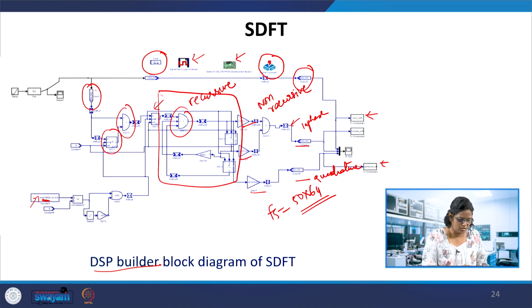This count is used to reduce the clock by division. So we get the samples over here, which at this clock rate are FS, 50 into 64. That enables each delay used in the DSP Builder. So this delay will be looking at this clock, not the global one. The global clock is now divided and this is used as the clock here.